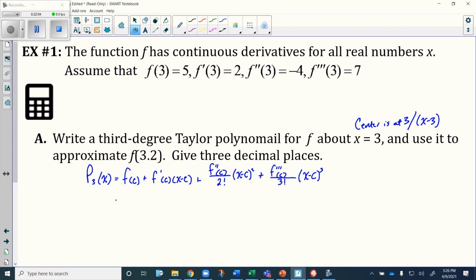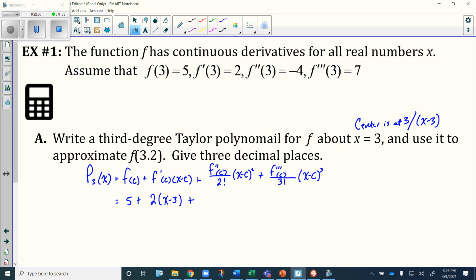So in this case, f of c would be f of 3, so that's just 5. Here we have f prime of 3, which is 2, times x minus 3. Keep going.